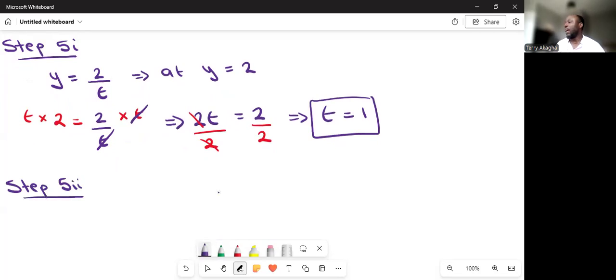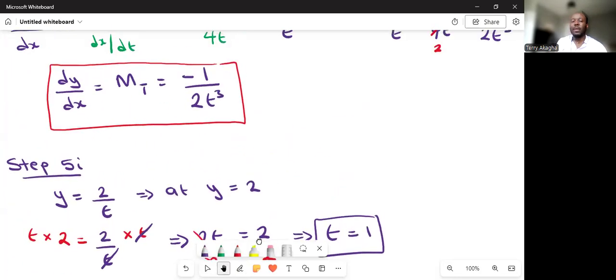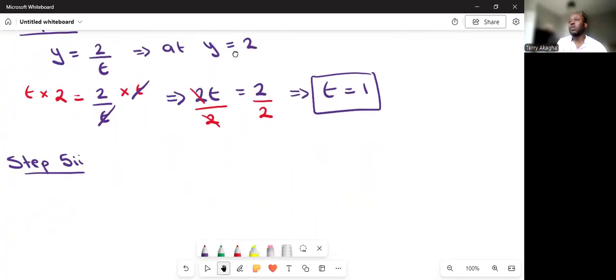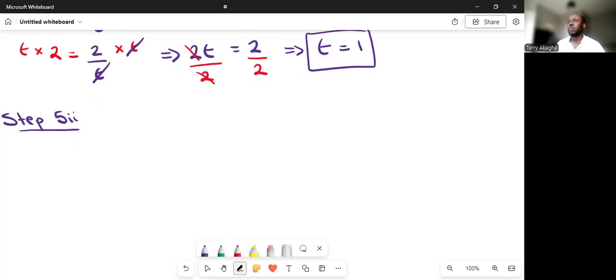So now let's find what was the dy over dx we had. We had dy over dx to be minus 1 over 2t cubed. So now we're substituting the value of t.